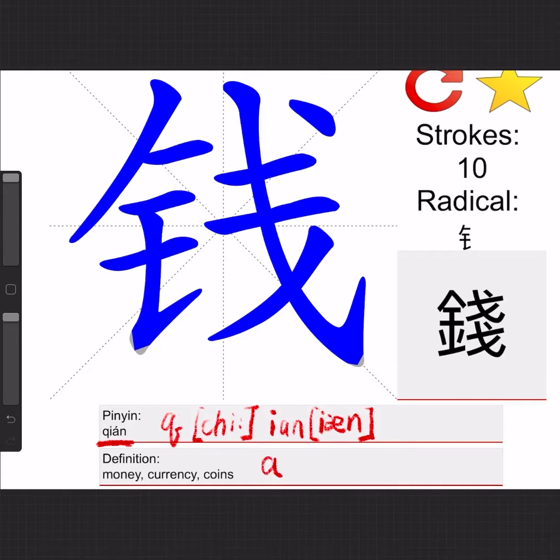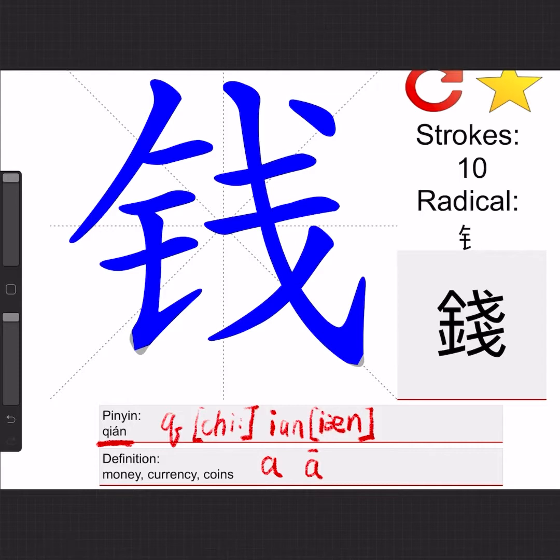There are 4 tones in Chinese pinyin. The first tone for A, you will see a little flat stick on the top of the pinyin A. So it is pronounced as A. A is flat and smooth.